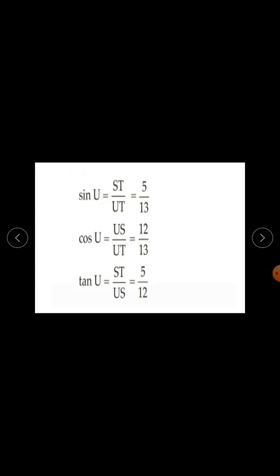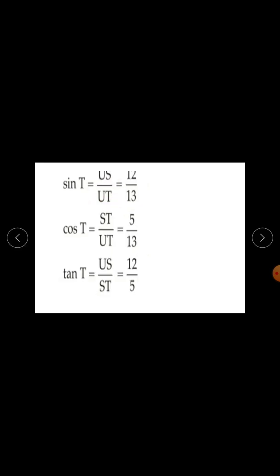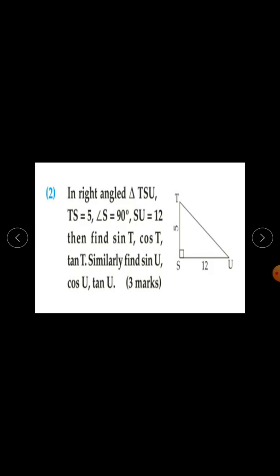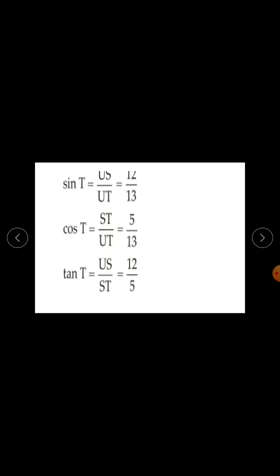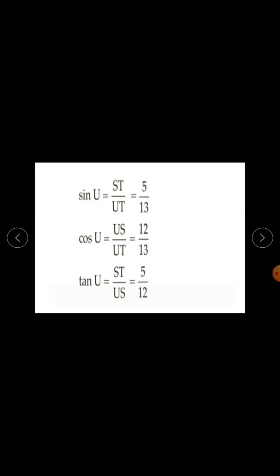Similarly, we can find out sin U. Sin U means opposite upon hypotenuse means ST upon UT. For U, opposite side is ST and adjacent side is SU and TU is your hypotenuse. So sin U equal to opposite upon hypotenuse means ST upon UT and ST is 5.